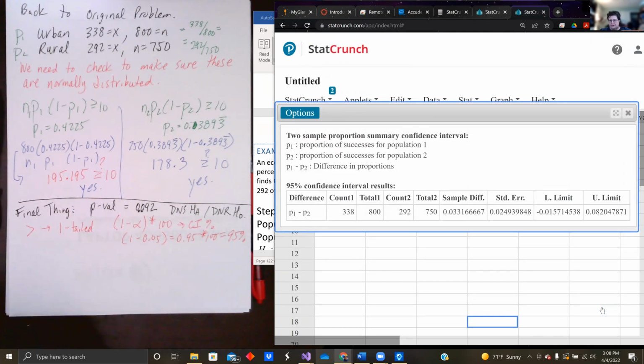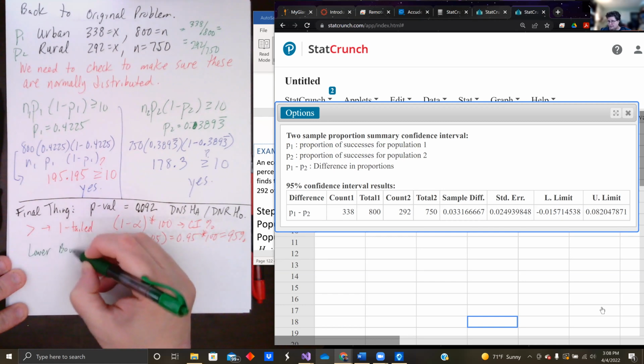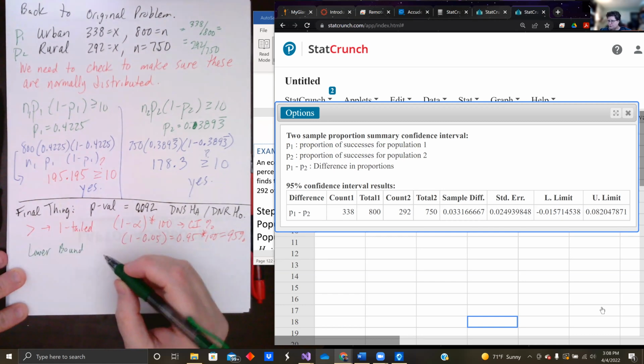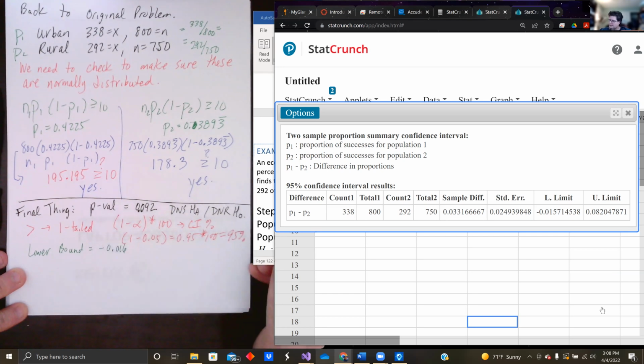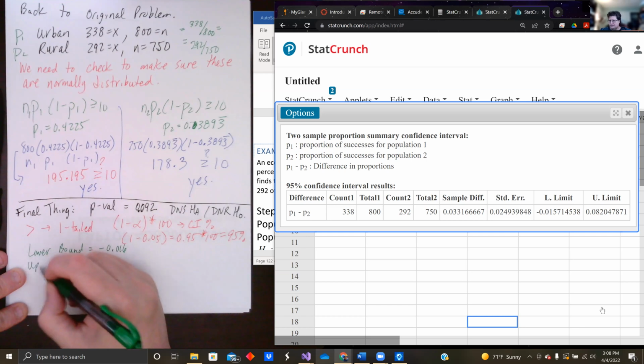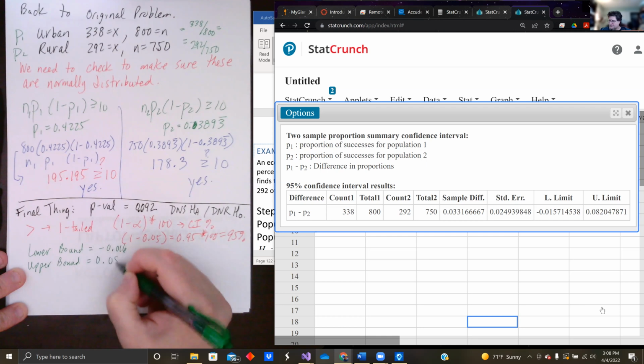And my lower bound is, I'll do 3 decimal places, negative 0.016. My upper bound is 0.082.